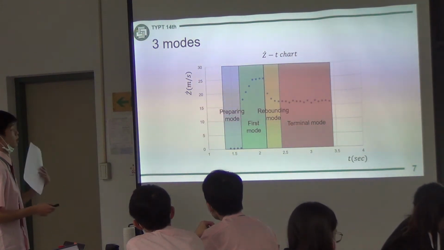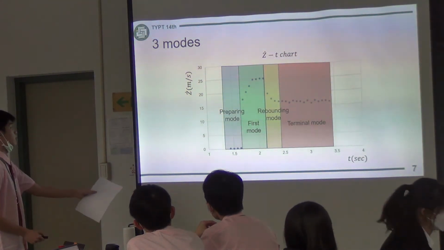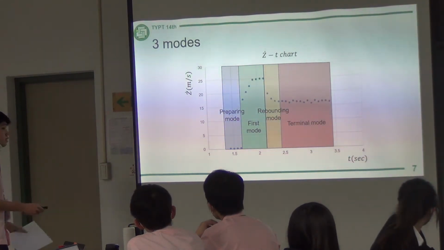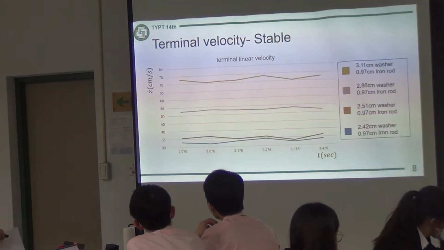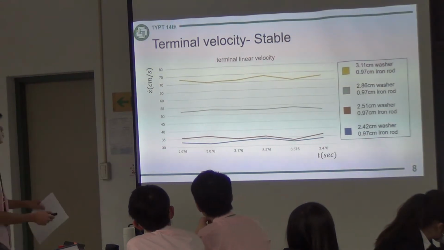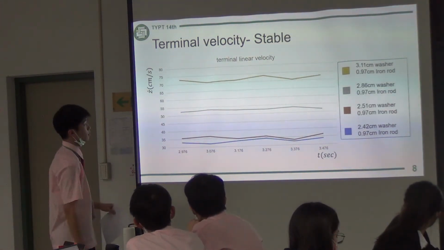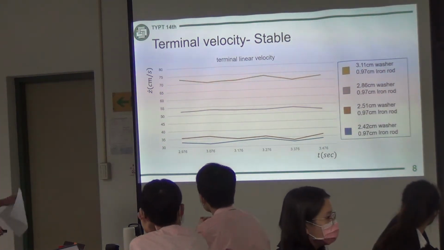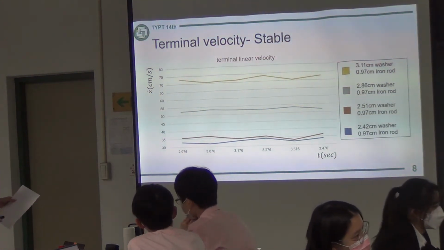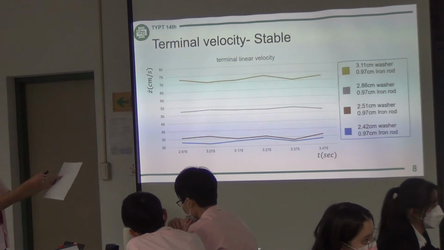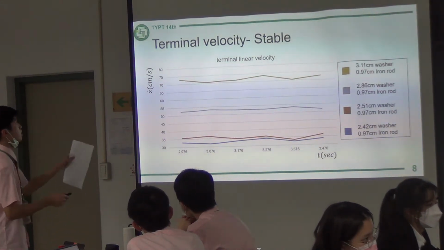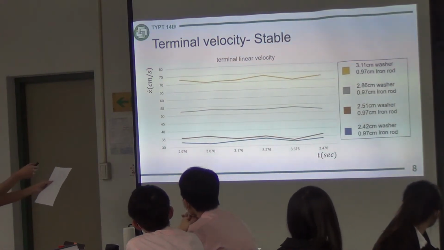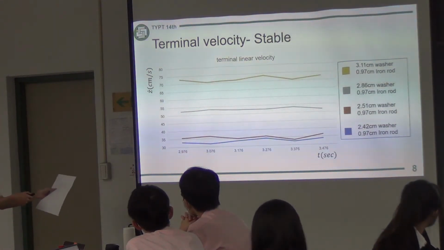So we analyze the linear velocity and also the angular velocity in the terminal mode to see if it's stable. So this is our experimental result for different radii of the washer. And the chart shows that when the washer has reached the terminal velocity, the velocity is constant. So in the terminal velocity, it shows that this state of motion is stable.